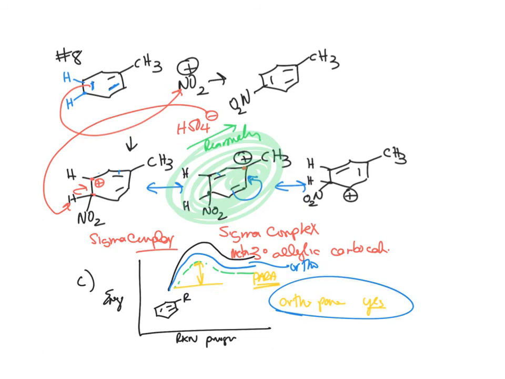Model 3. This is called General Directive Effects. And we have two reactions. And this has an electron donating group, EDG.